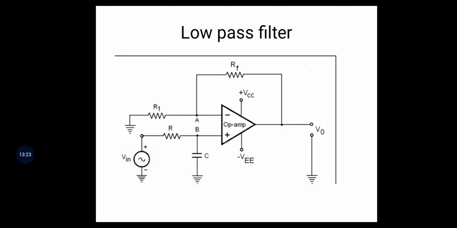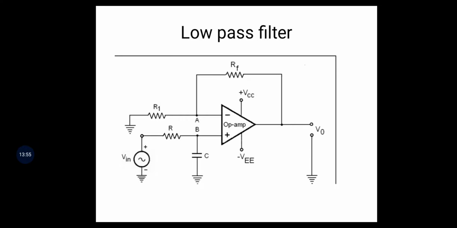Next, we are discussing the low pass filter. What is meant by low pass filter? A low pass filter is a filter which accepts low frequency signals and rejects high frequency signals.